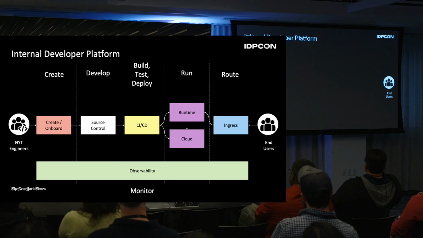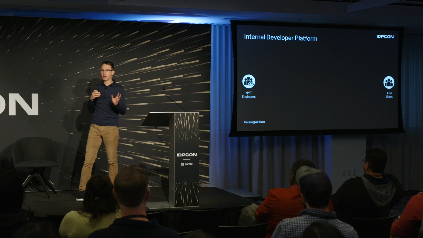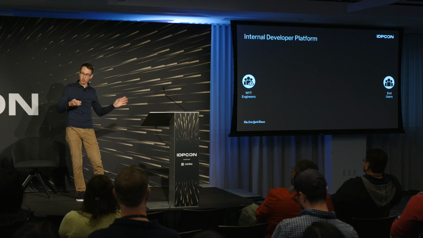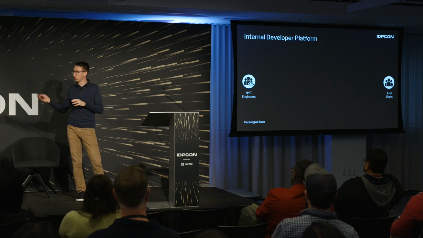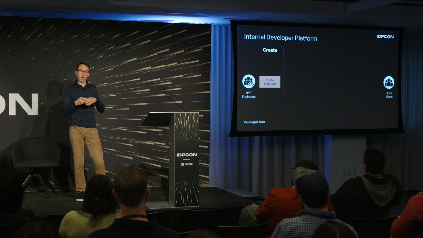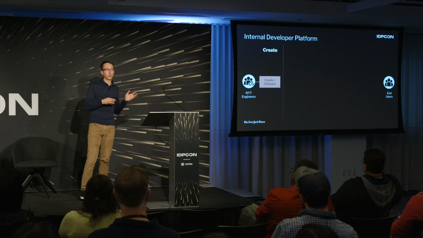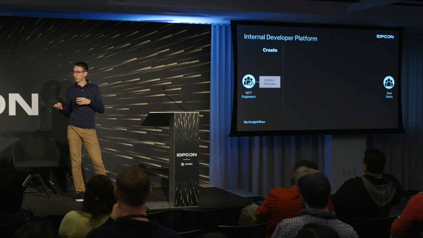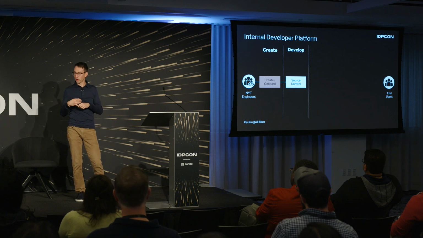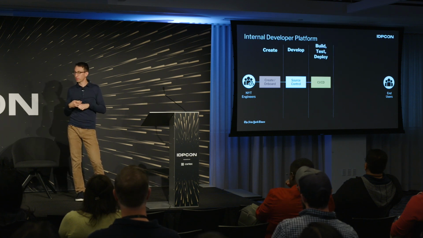And this is an animation of the different components we're offering. It doesn't represent the flow perfectly, but it shows an overall system of what we're building. So you have NYT engineers on the left and end users on the right. The first thing is how do they create a new app or onboard to the platform, whether they have an existing application that may be running somewhere else or they want to get started new. You need some place to store that, some source control repository, whether it's GitHub or GitLab.